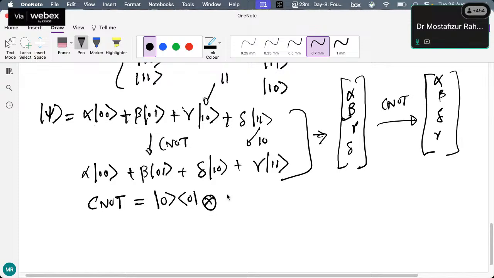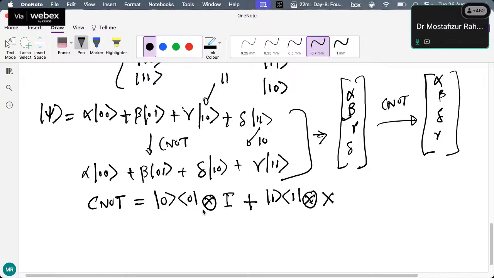Tensor product with I. Because it's a 2-qubit gate, the outer product of the 0 state will be a 2 cross 2 matrix times another identity. So when you are projecting on the 0 state, it does nothing, identity matrix. But for the 1 1 outer product, when you get the result in the 1 basis, there is a NOT operation. So it is a controlled NOT operation.